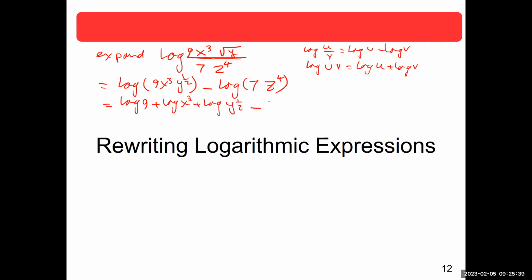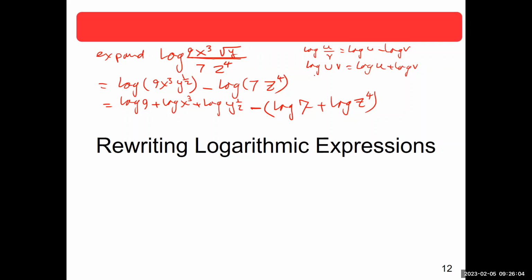Now, negative, put parentheses around here. You're going to get log of 7 plus log of z to the power 4. Later on, we can move this negative sign inside and distribute it.